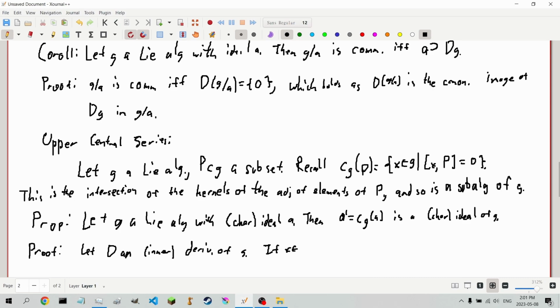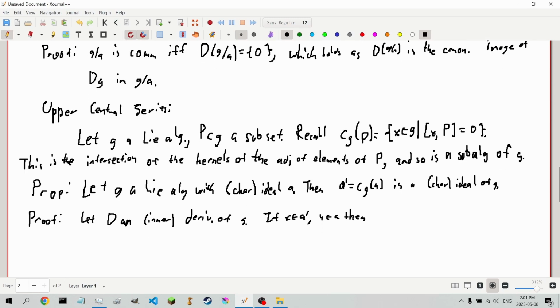If x is in A prime and y is in A, then the bracket of Dx and y is equal to D of the bracket of x and y, minus the bracket of x and Dy, which is going to be equal to 0.